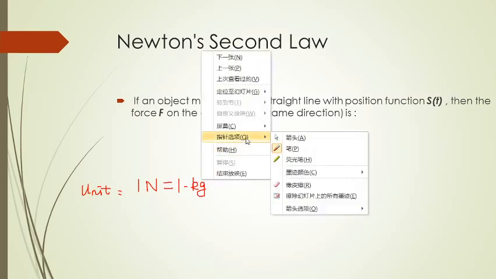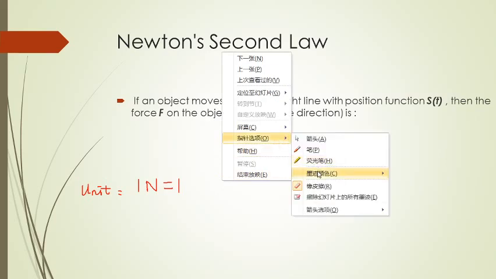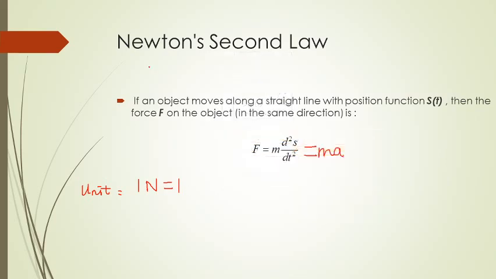1 Newton actually equals 1 kilogram, sorry, it's not times, it equals 1 kilogram times meters per second square, right? It equals ma, right? The acceleration should be meters per second square. So they are equivalent, right?